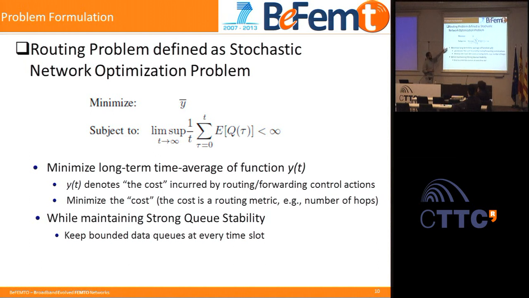This is what the constraint means, called strong queue stability, which means that the long-term time average of the expectations of the queue backlogs of the whole network, which gives you an idea of the congestion state of the whole network, at a given time slot, because in the stochastic network optimization framework you use slotted time, is finite. So queues do not grow to infinity, right?